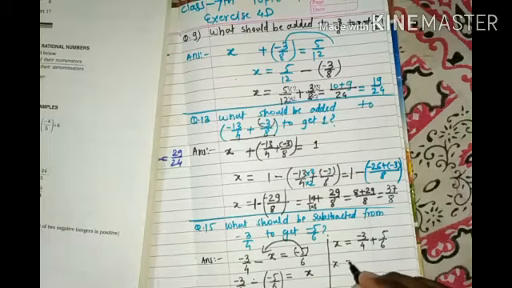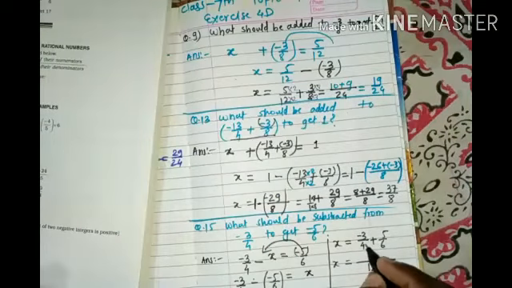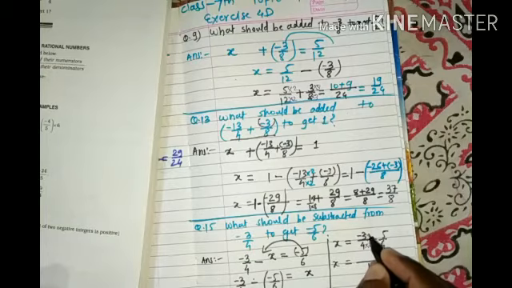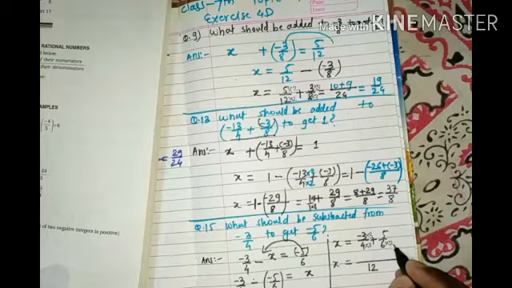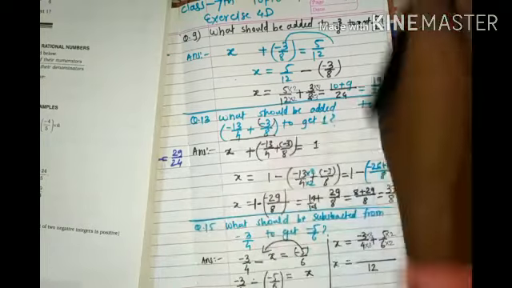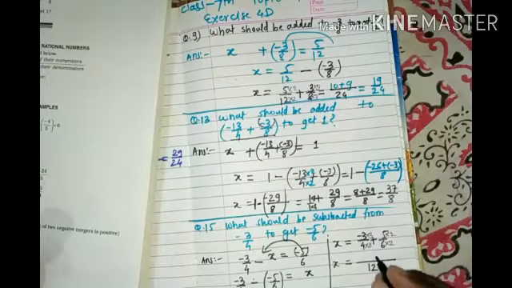Now we have to find the LCM. The LCM is 12. So I multiply 4 by 3 to get 12, and here also 3. In the same way I will multiply 6 by 2, and 5 also. So we have done our equivalent fractions.